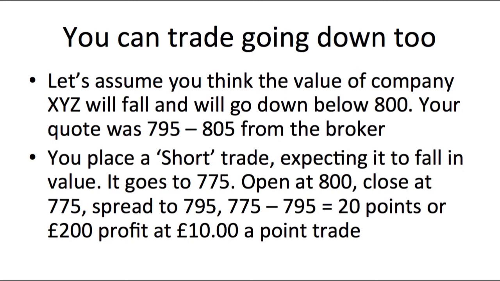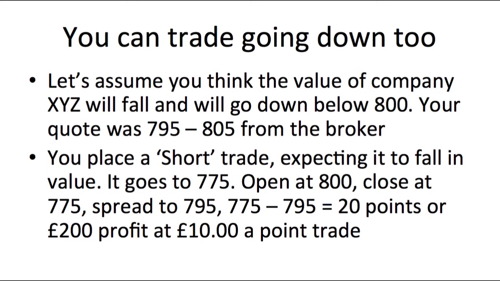Let's look at not bullish trades, but bearish trades, where we're going short. So let's assume you think the value of company XYZ will not go up this time, but in fact will fall and go down below the open of 800. So your quote again is 795 to 805 from our spread betting broker.